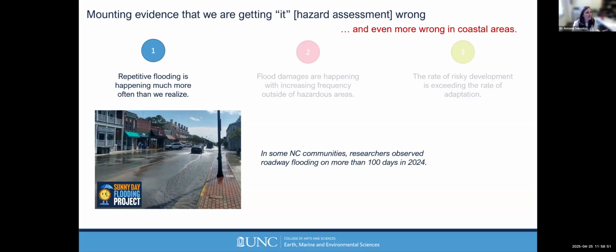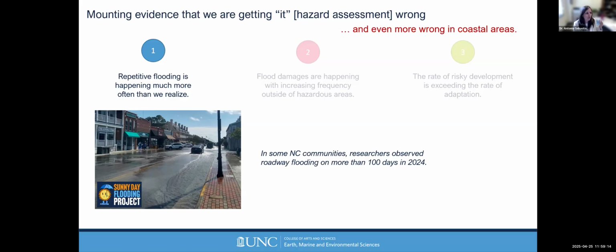So those are statistics when you look across larger scales, but in coastal areas, we are seeing very frequent flooding. In some North Carolina communities, some of my colleagues have deployed sensors and they're monitoring water on roadways, and they have seen water on the road more than a third of the days in 2024.